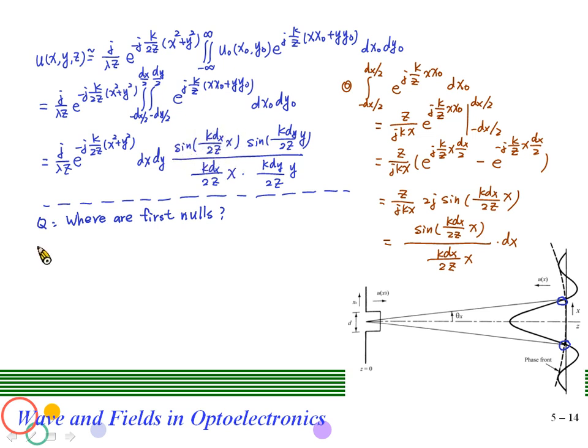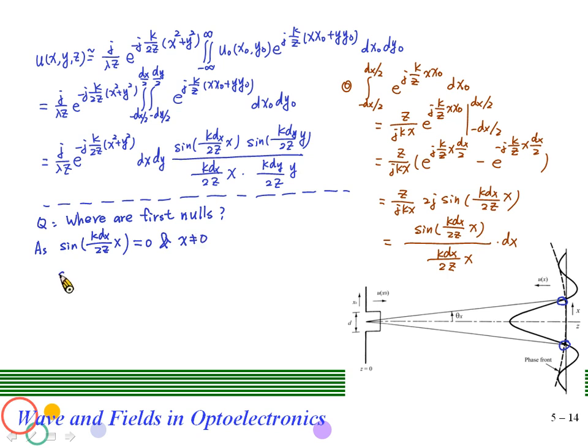So from this expression, you can see that to obtain the zero diffraction field, the sinc function should be 0. So, if we consider x first, if sinc of k d sub x over 2z times x is 0 and meanwhile x is not 0, we will obtain the null along the x direction.